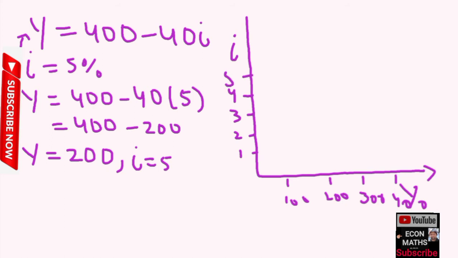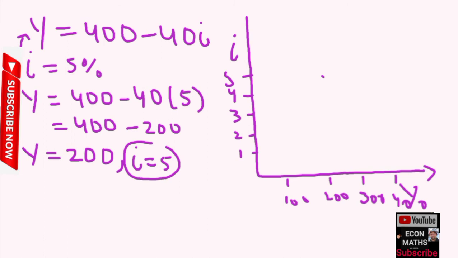On the vertical axis we have the rate of interest, and on the horizontal axis we have the level of income. When the rate of interest was 5, our level of income was 200. So plotting this point, it will represent this combination of Y and i.